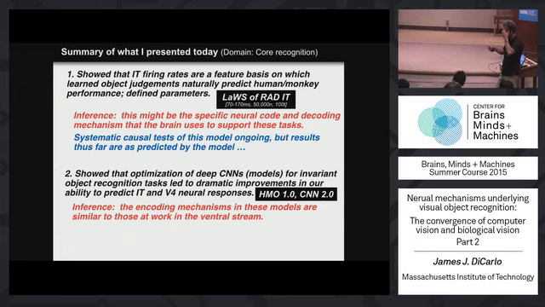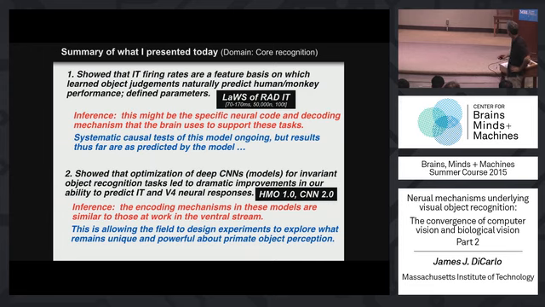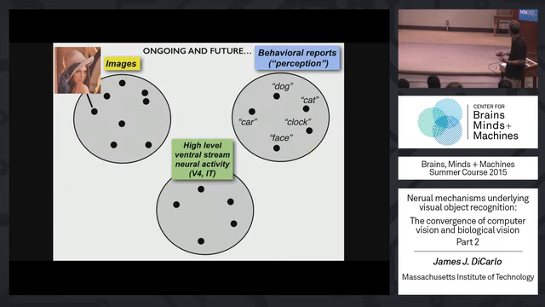And now there's a whole area where you can start to think about doing physiology on the models, so to speak. That problem's almost as hard as doing physiology on the animal, except that you can get a lot more data. And this is allowing the field to explore what's unique and powerful about primate object perception. So within core object recognition, or perhaps extending out of that, I think is now what people are trying to do.